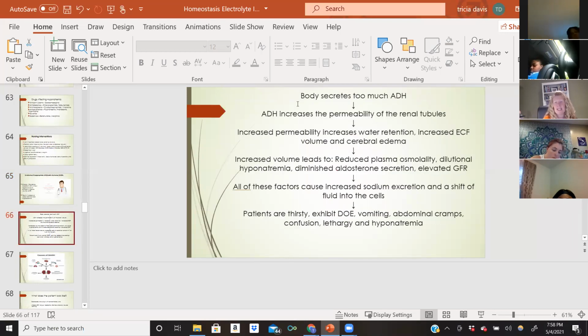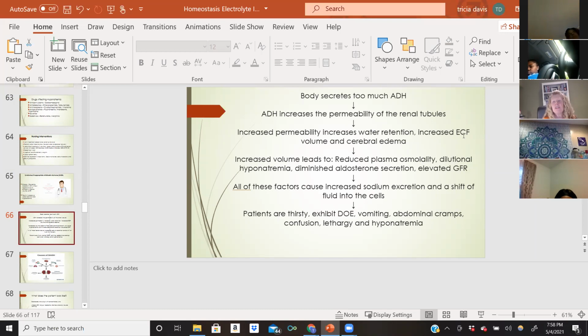So here's a little breakdown again. The body secretes too much ADH, antidiuretic hormone. Antidiuretic hormone increases the permeability of the renal tubes in the kidney. That increased permeability then increases water retention, right? The body's going to hold onto that water. It's going to increase our extracellular fluid volume and cause cerebral edema.